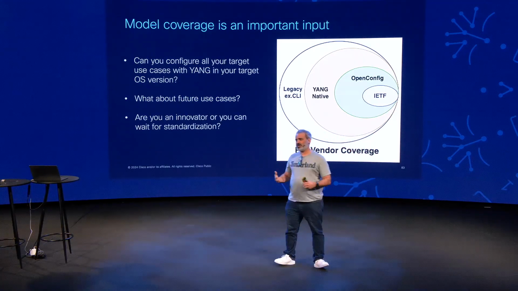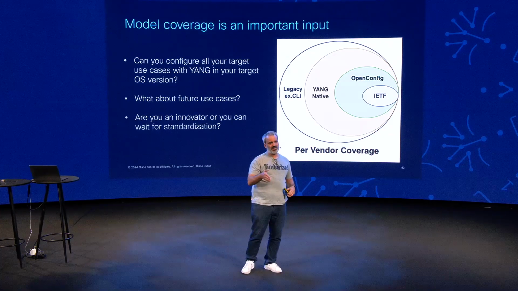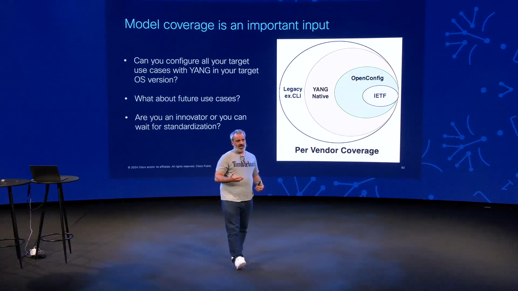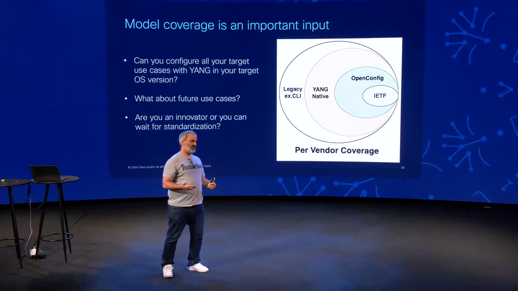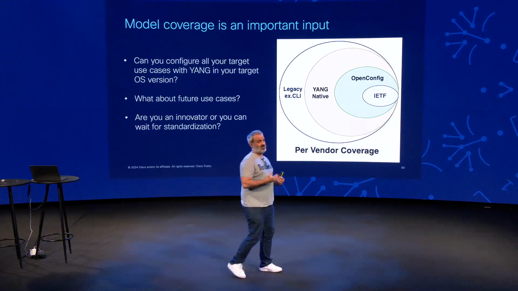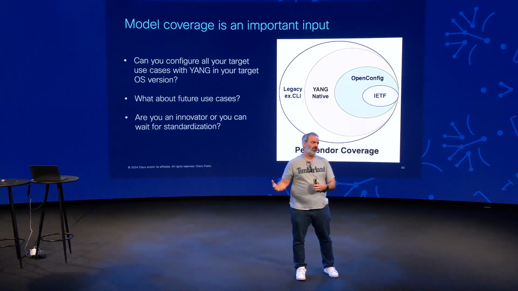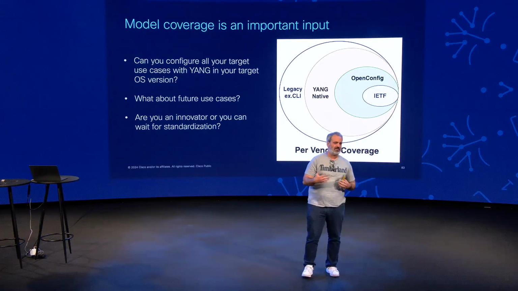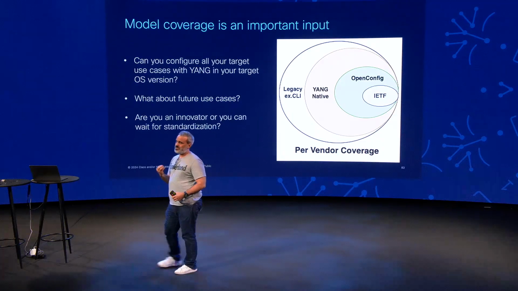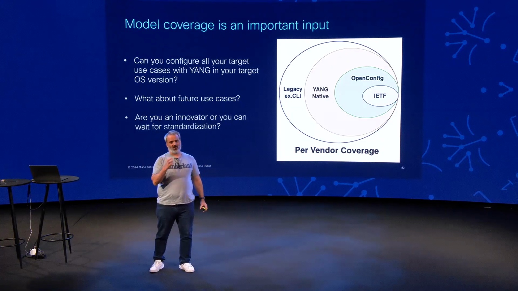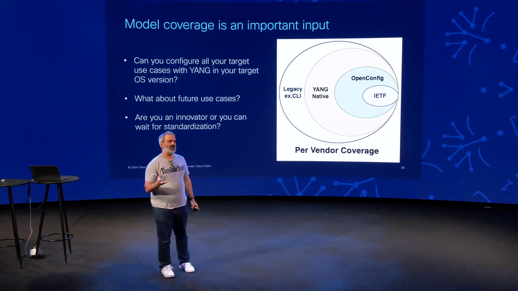Now, you can do that with the reality that you have today, but you also need to understand a little bit what's going to happen tomorrow when a new use case comes, and you need to check the coverage, maybe in a version of your OS that is pretty much older than where the standardization is. I'm saying this because you need to understand what kind of environment you run.